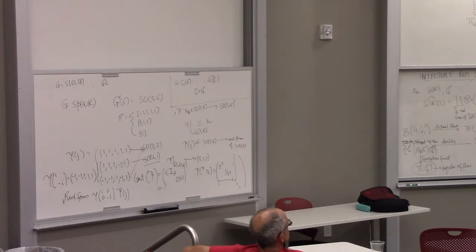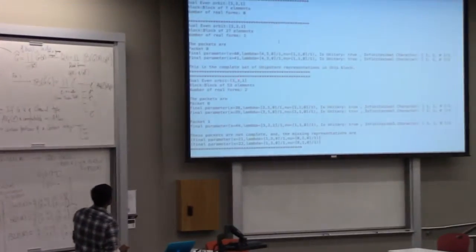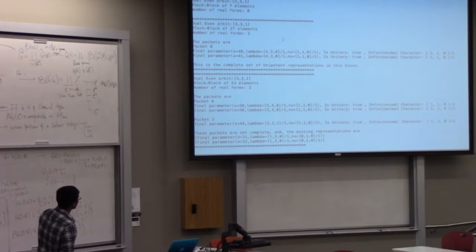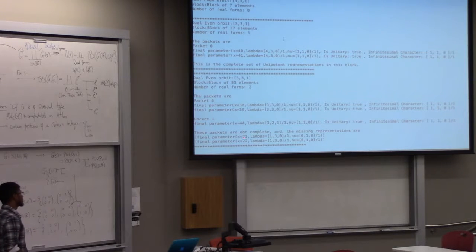But coming to here, the output is here. So you notice if you look at the orbit 331, right? It's telling you that there are these two packets, and there are still two unipotent representations that don't have a place to go.